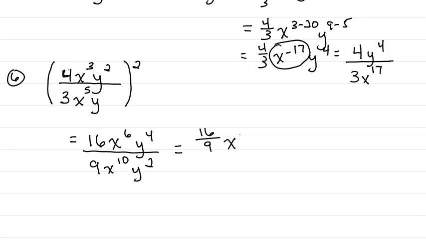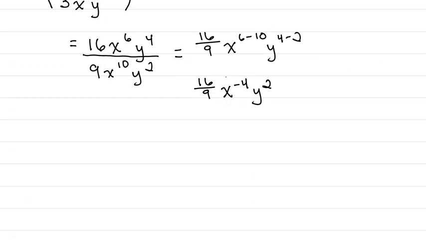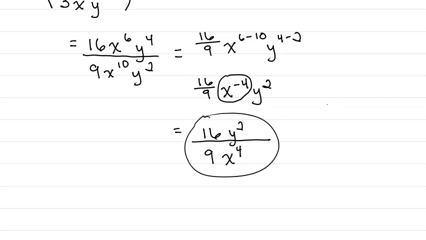And then let's do the subtraction rule. X to the 6 minus 10, y to the 4 minus 2. So I get 16 over 9, x to the negative 4th, y to the 2nd, and then let's deal with the negative exponent. So that means, again, goes to the bottom or takes the reciprocal. So 16 over 9, x to the 4th, y to the 2nd. There's our answer. Good luck.